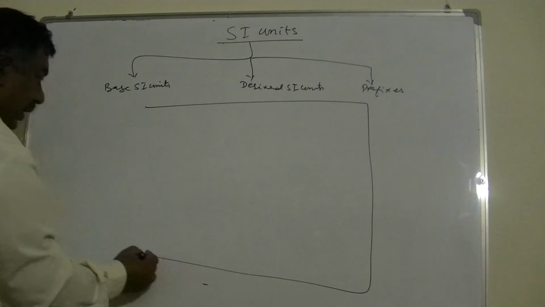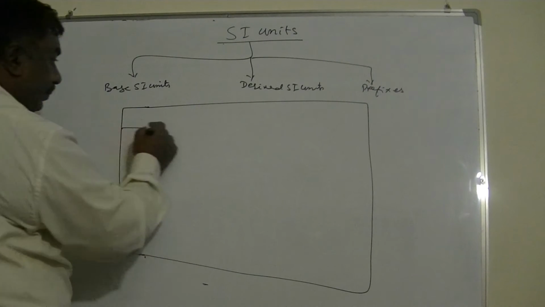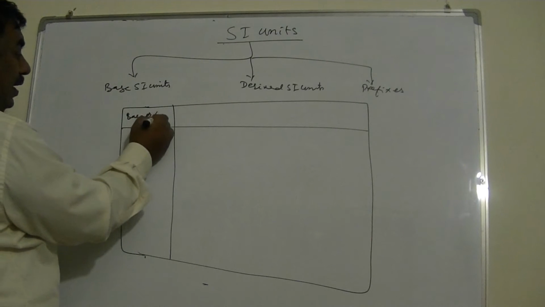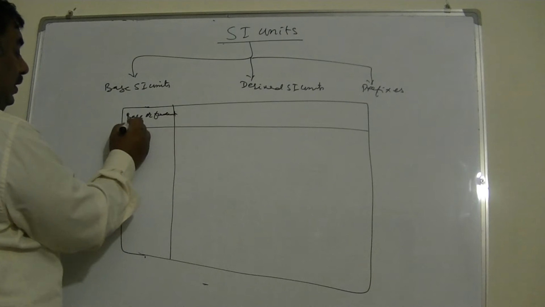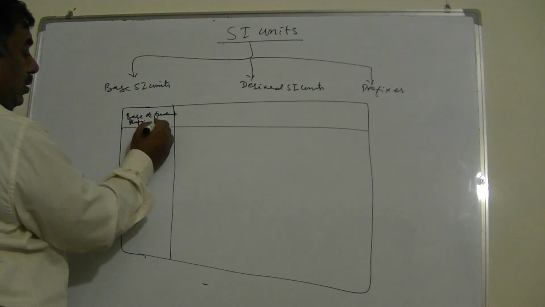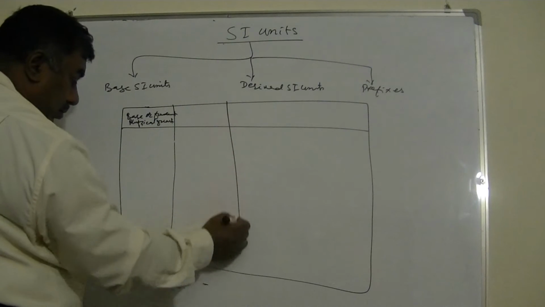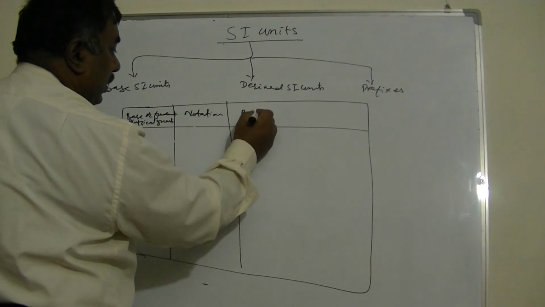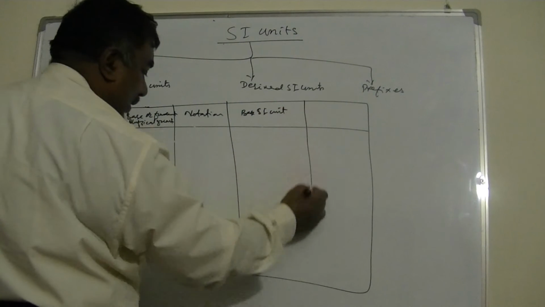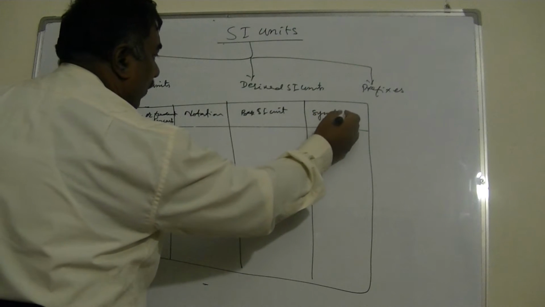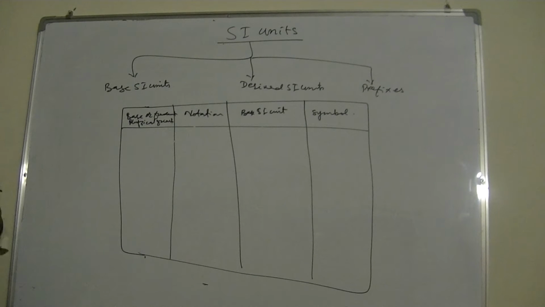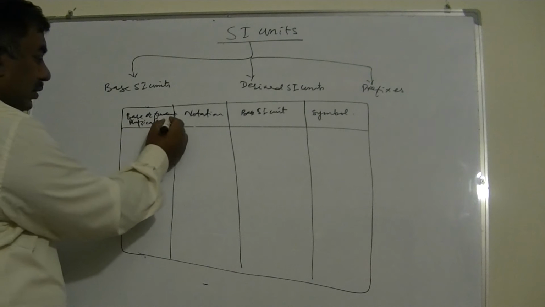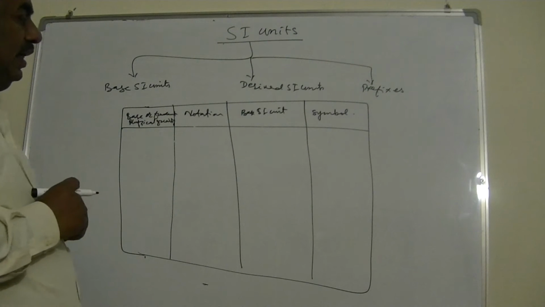I can make a table: the base or fundamental physical quantity, its notation, then the base SI unit, then its symbol. It will consist of 7 rows, 7 quantities.